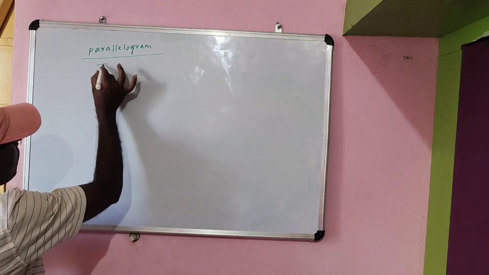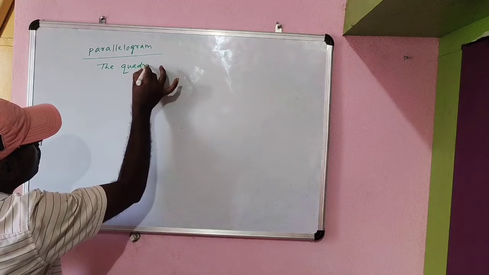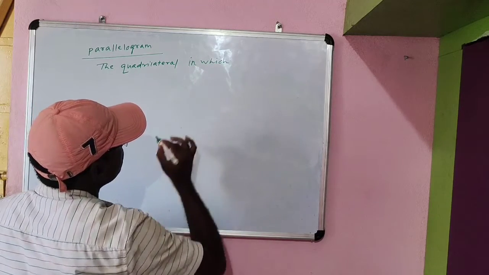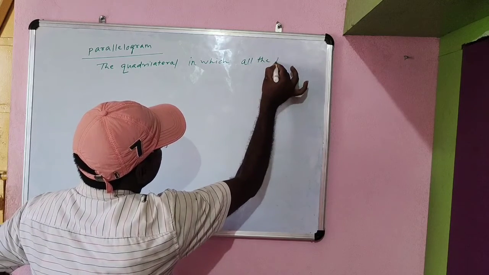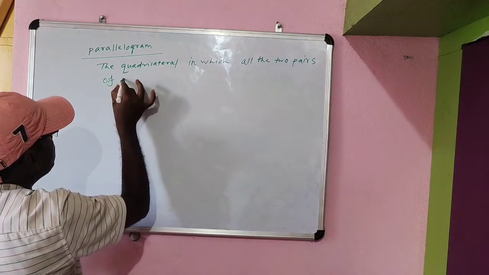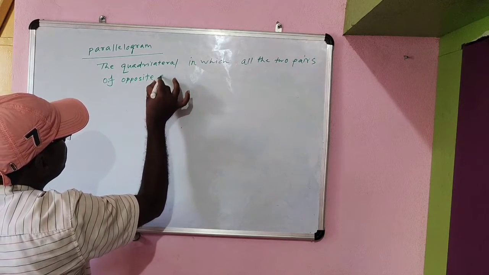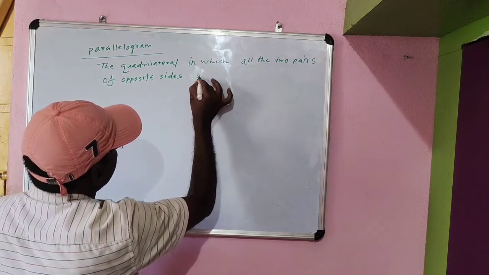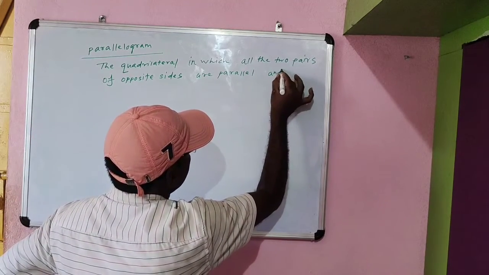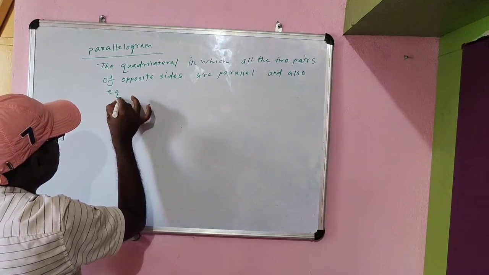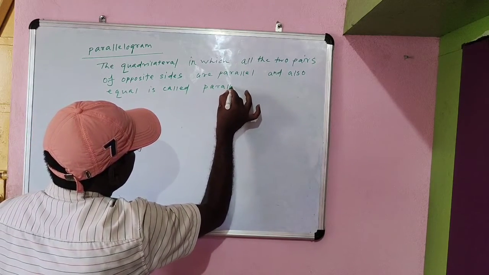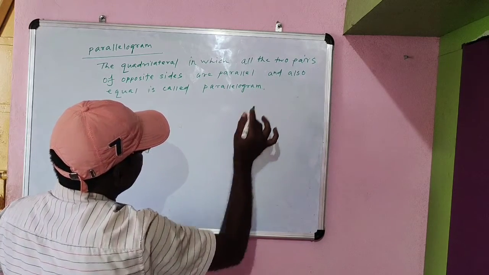The definition is that the quadrilateral in which both pairs of opposite sides are parallel and also equal is called parallelogram. Full stop. Pause it.